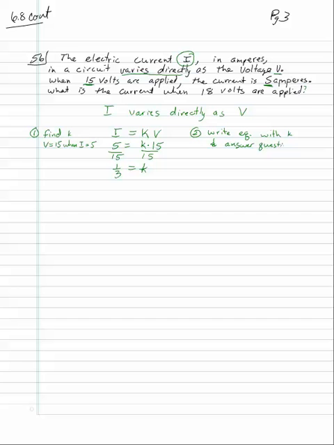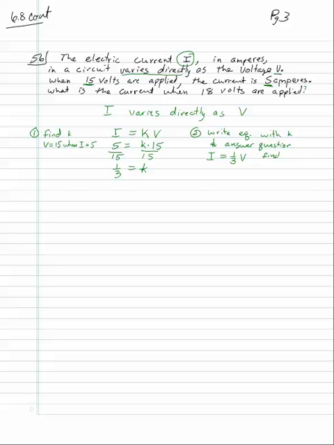So our equation of variation is I equals 1/3 V. Now we can answer the question. We want to find the current.